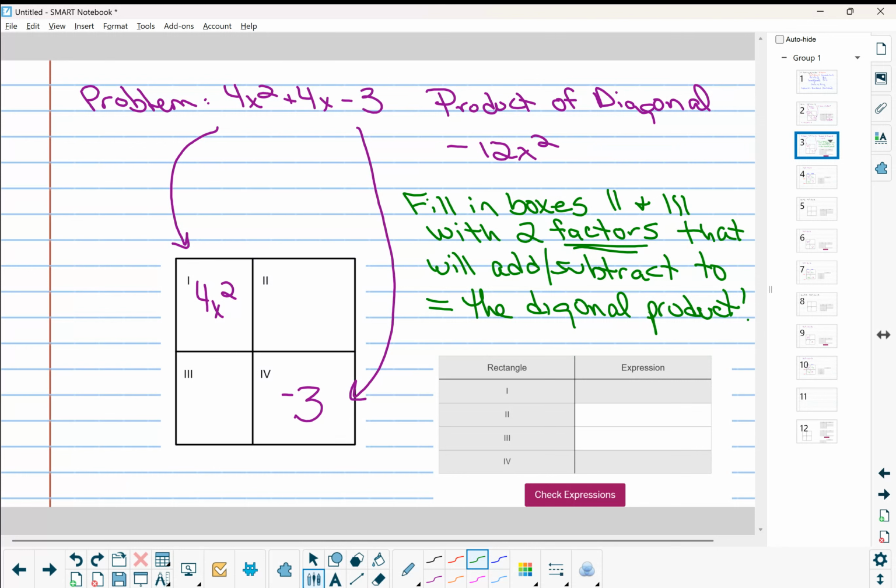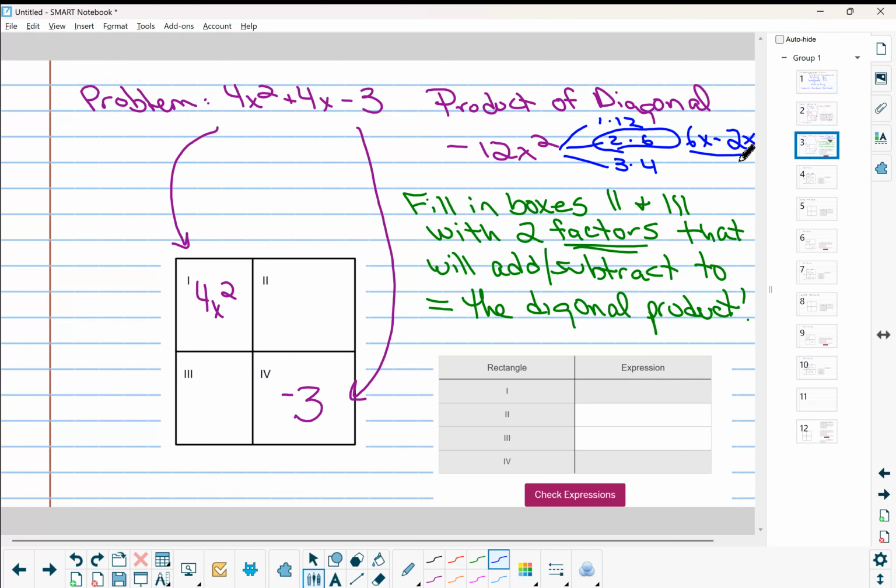Take a minute, write that down, pause me if you need to. I'm going to list the products of 12 over here. I have 1 times 12, 2 times 6, and 3 times 4. The only way I could add or subtract anything to get to 4 is to use this combination. I happen to need a positive 4, so I'm going to need a 6x minus a 2x. 6 minus 2 is positive 4, and 6 times negative 2 is negative 12.